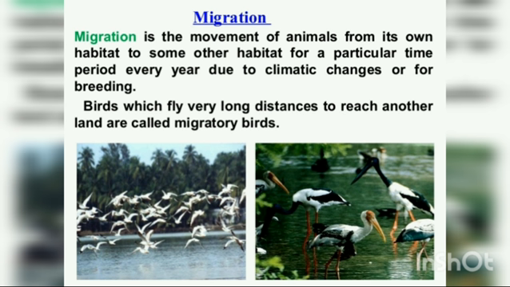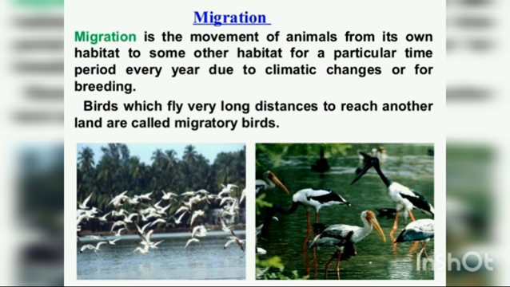When the weather in their natural habitat becomes very cold, they move to some other places to lay the eggs, hatch them, and raise the young ones. Again they will come back to the original place. Birds who cover long distances to reach another land are known as migratory birds.